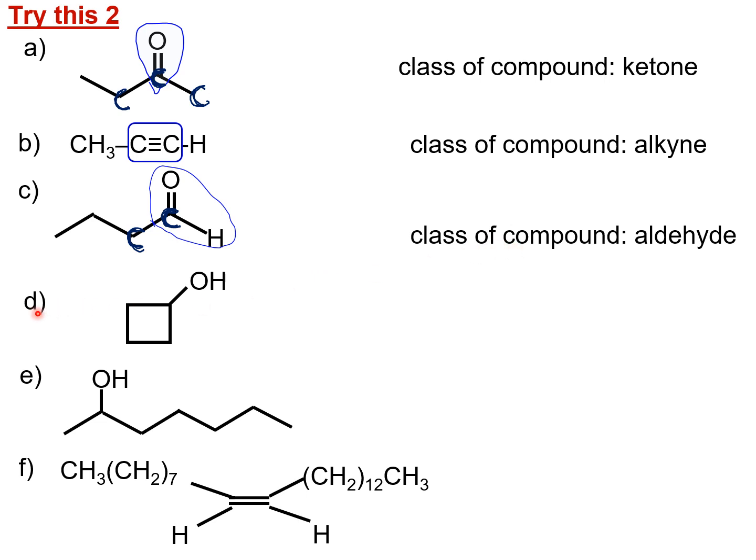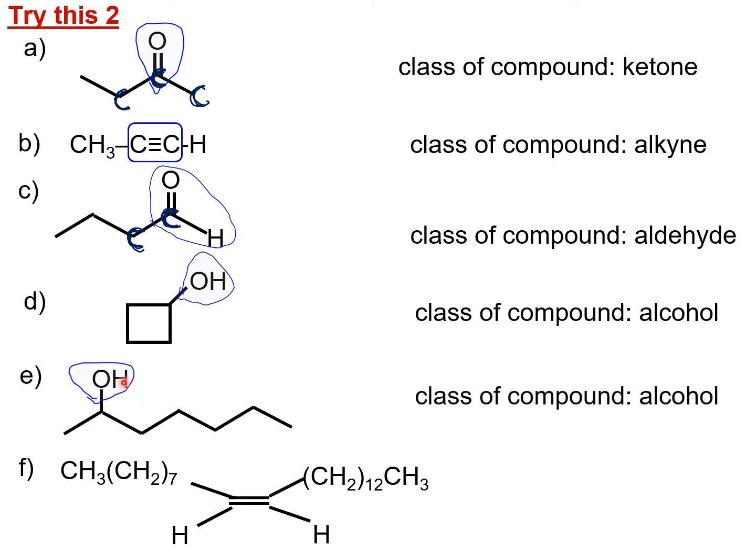Alright, next, for this skeletal structure, I can see the functional group you can circle is OH. Okay, this OH, its class of compound is alcohol. Again, for this skeletal structure too, I think I can circle just the OH to show the class of compound of alcohol.